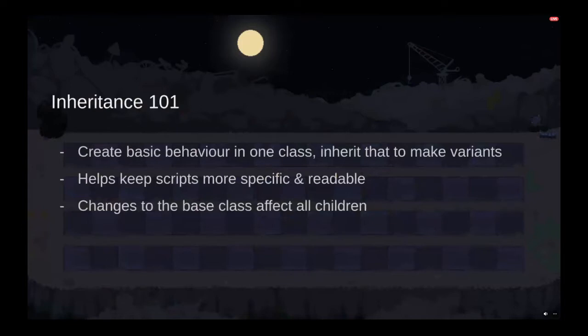So the base class contains maybe a function that does X thing, and you want three other classes all to be able to do X thing. Instead of rewriting that function or calling the function on the base class and then getting the output back into the class you want, you can just inherit from it, and you'll have that function right in your script.